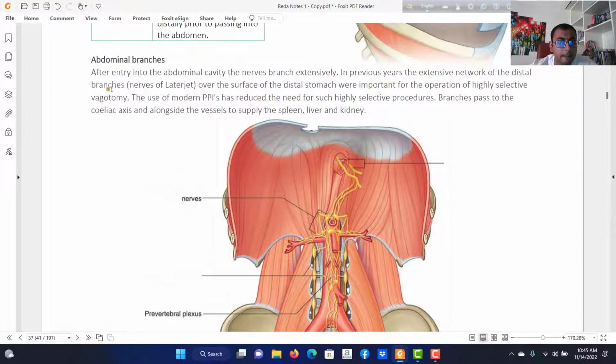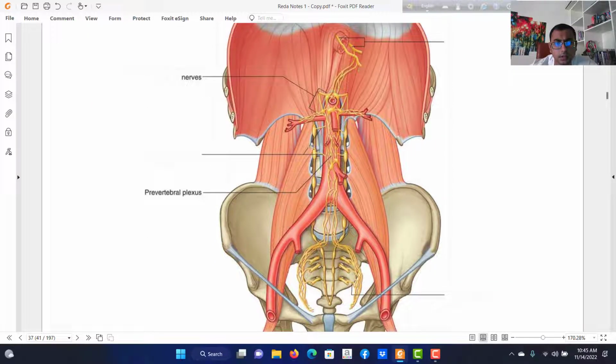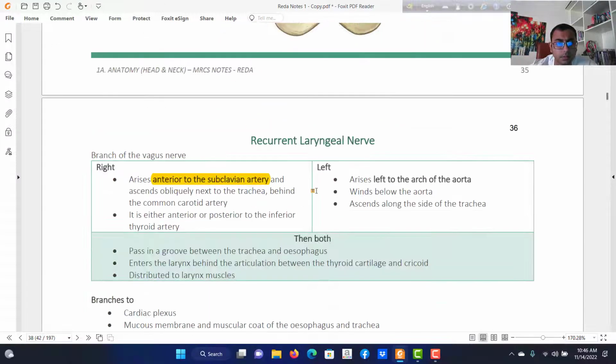The abdominal nerve branches extensively, with an extensive network of distal branches to the stomach. Highly selective vagotomy is not usually done now, because modern drugs reduce the need for such procedures. So this gives supply to the sympathetic and parasympathetic system.